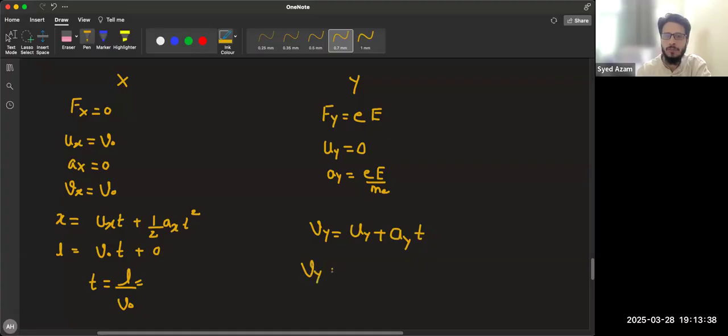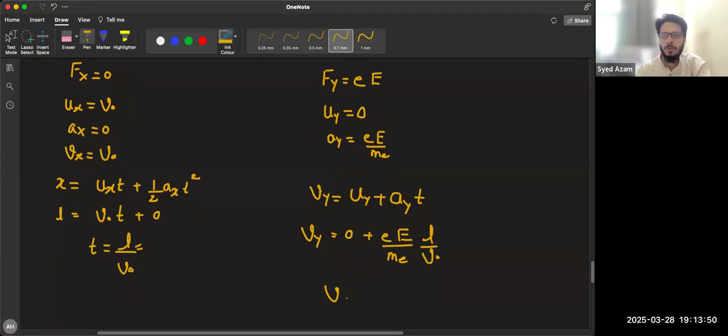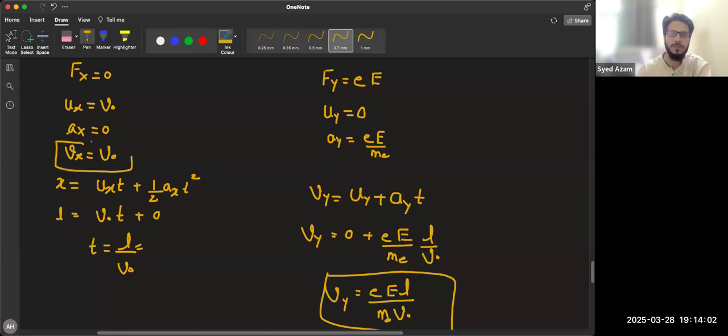Uy is 0, Ay is eE by mass of electron, into t, which is L by v0. So Vy is eEL by mass of electron into v0.